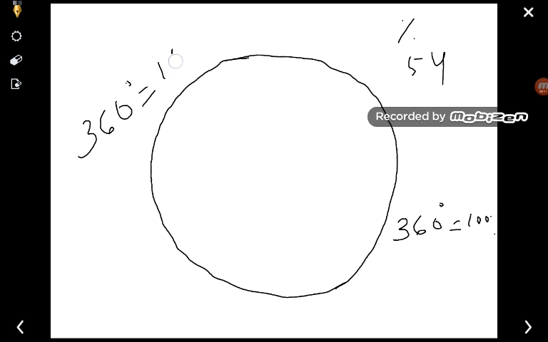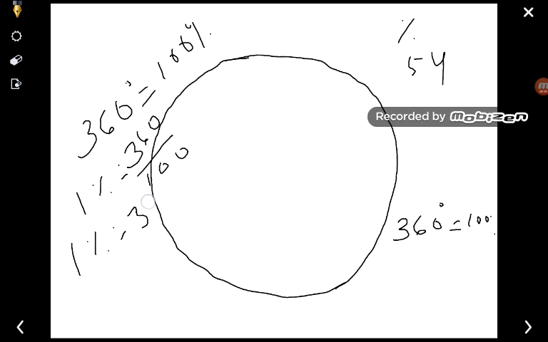So 1% will be equal to 360 divided by 100. Therefore 1% equals 3.6 degree. Therefore what will be the 54%? 54% is equal to 54 into 3.6.